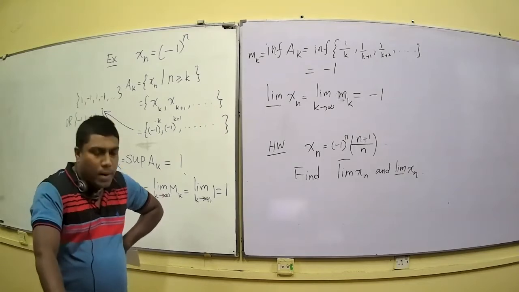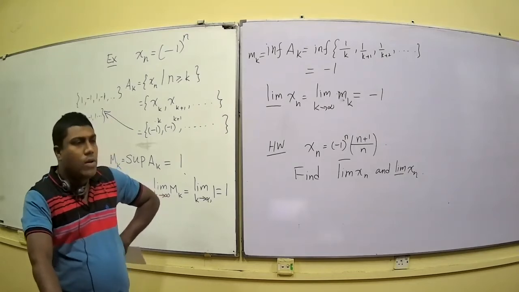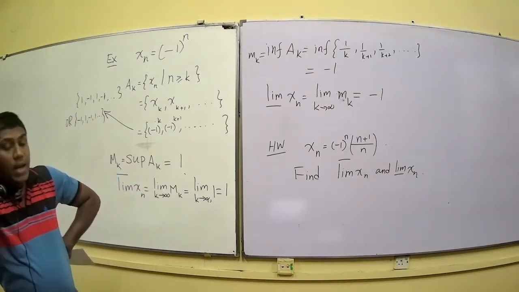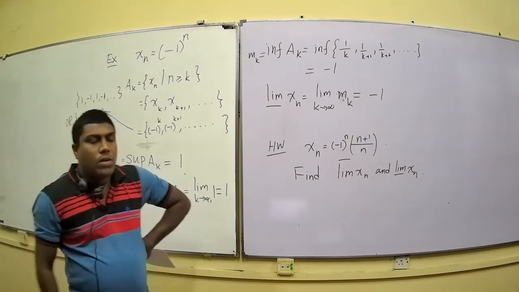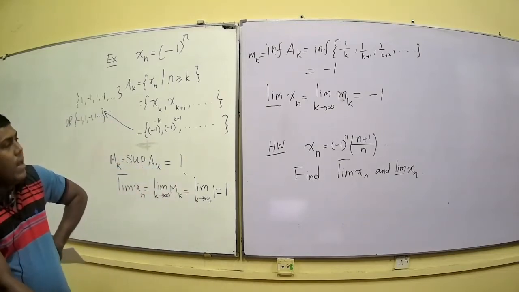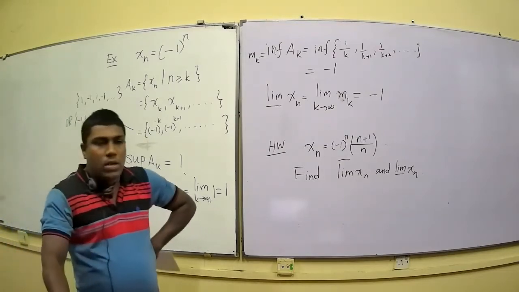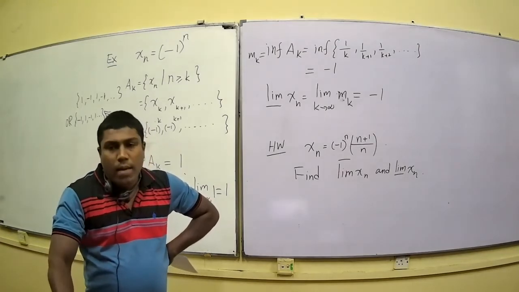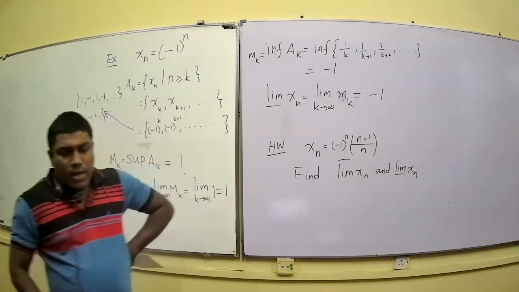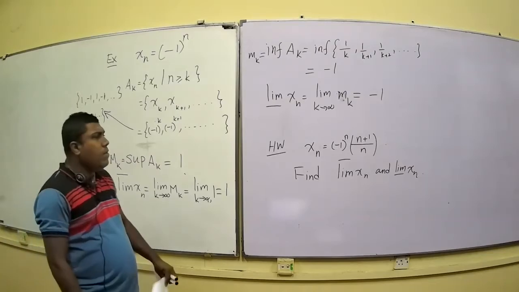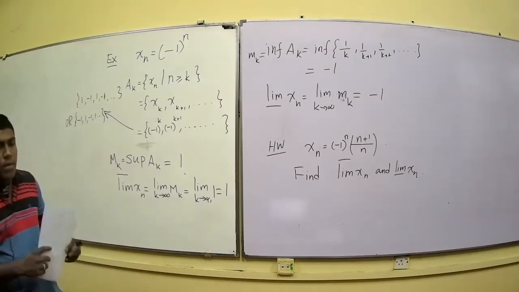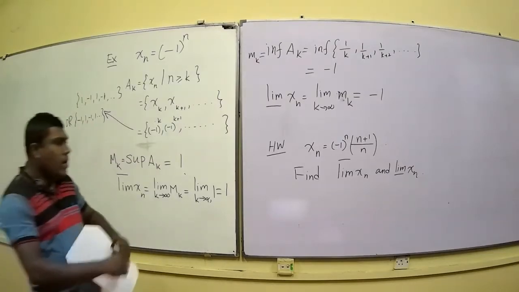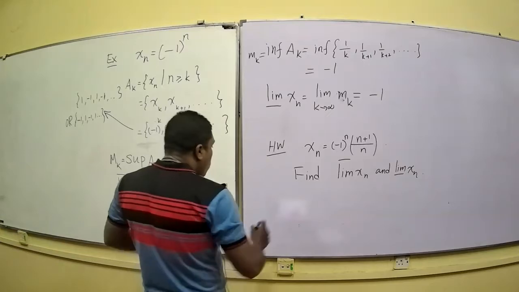And when the upper limit and lower limit are not equal, then it looks like the sequence does not have a limit, or does not converge. That is something we can understand from the example. We will try to see the theory behind that, but before that, we will talk a little more about the relationship between supremum and infimum, or lim sup and lim inf. Let me put that as a note here.